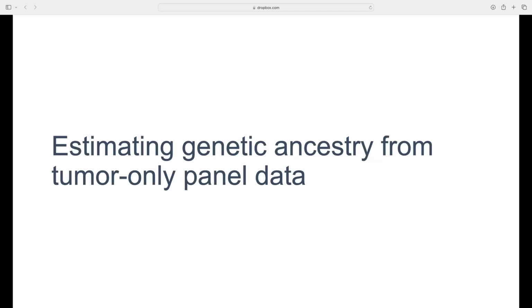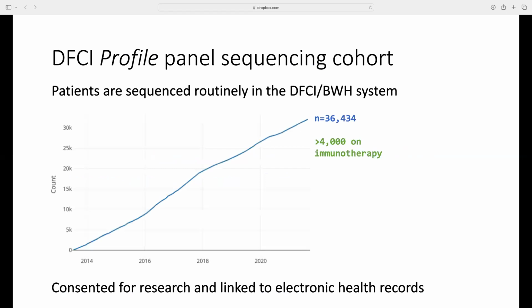And a lot of the data that has been collected, especially here at Dana-Farber, has been tumor-only sequencing data, typically from targeted panels. This is data that's not usually thought of as containing enough information to capture components of genetic ancestry. And so some of the most foundational work that we've been doing in my lab is showing that you can, in fact, infer genetic ancestry and use it reliably from data that people typically do not think of as containing that information.